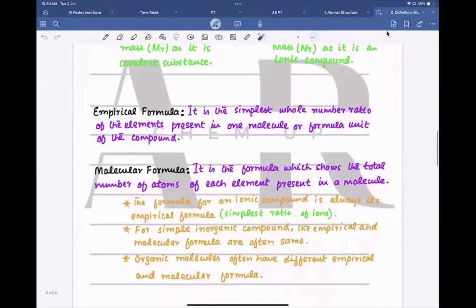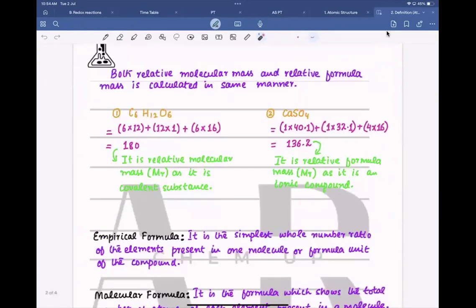Okay. Now you know about empirical formula and molecular formula. The difference between empirical and molecular formula: the empirical formula is the simplest whole number ratio of the elements present in one molecule or formula unit of the compound, right? Like, see, if I talk about this, can I simplify this ratio further?